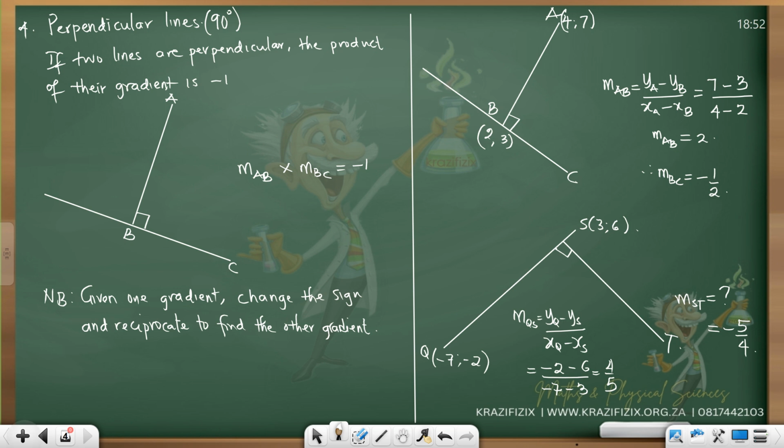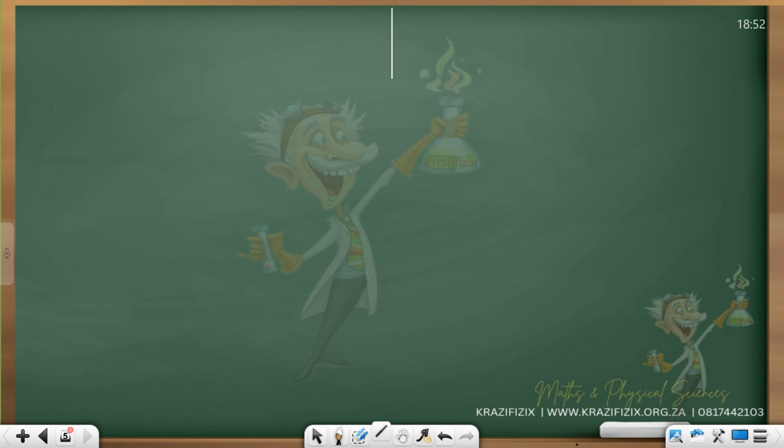All right. Number 5. Collinear points. You see, we are still on gradient. Collinear points: points on a straight line.